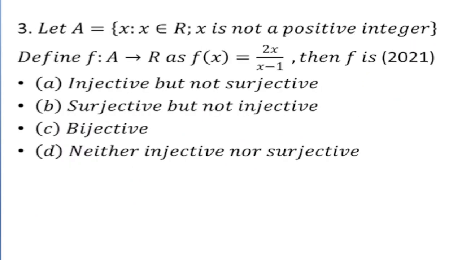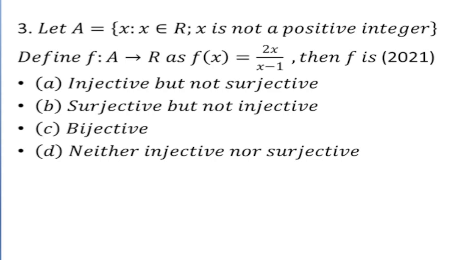Here a set is given to us. Let A be the set of all x such that x belongs to R and x is not a positive integer. So now x belongs to all real numbers, excluding positive integers, which can also be taken as natural numbers. So they are excluding natural numbers 1, 2, 3, 4, 5, 6.